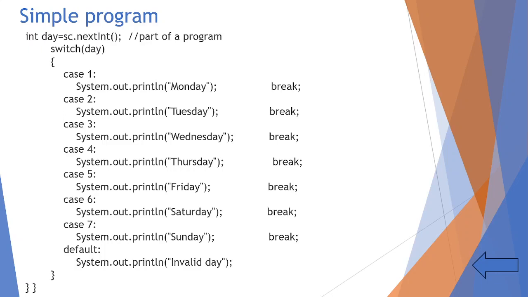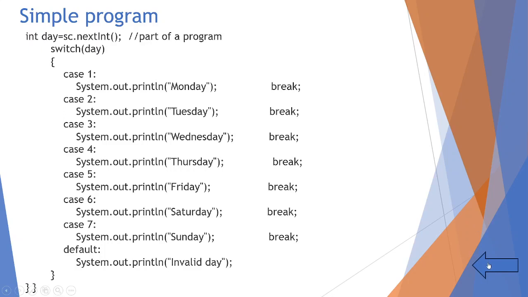If the user enters 1, then Monday will be displayed and break comes out of the switch case. Enters 2, Tuesday; 3, Wednesday; 4, Thursday, and so on. Default is if somebody gives other than 1 to 7 as input, then invalid day will be displayed.